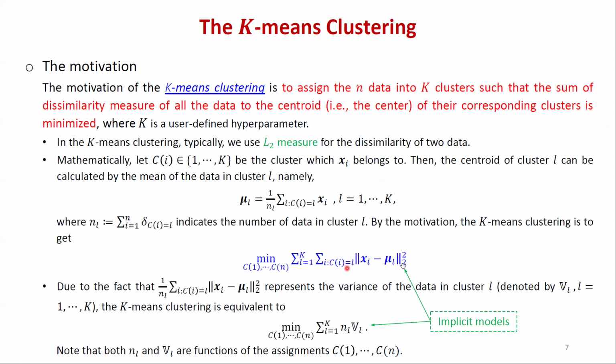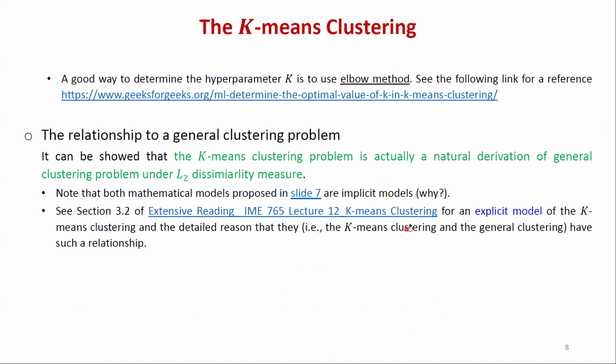And then I do a summation over all the clusters, not classes. Then I'm done. Or we can write it this way, where V is this one, which means for class L, the summation of the distances of all the points to its centroid. So here we go.